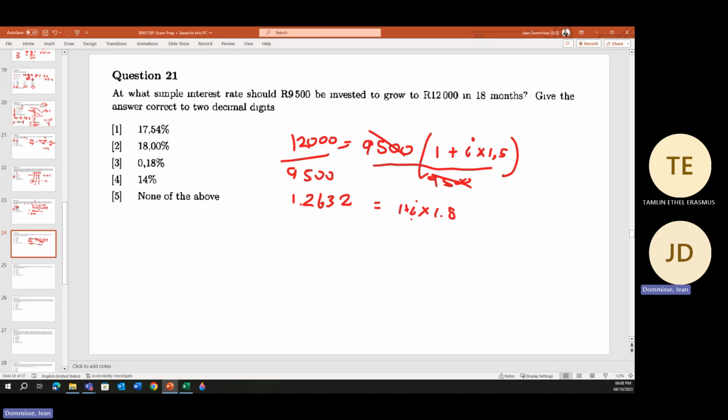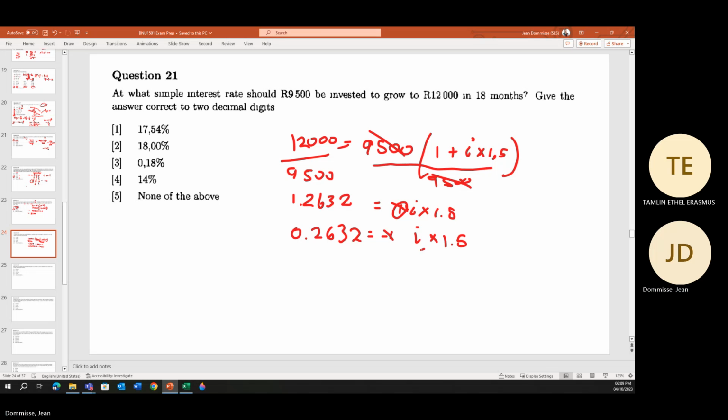To isolate I, first I will subtract 1 on both sides. On this side, I will be left with I times 1.5. On this side, also subtract 1, so I'm sitting on the left-hand side with 0.2632.